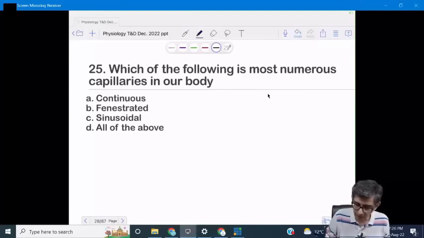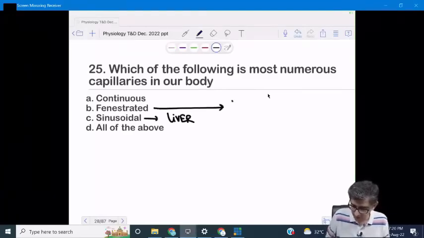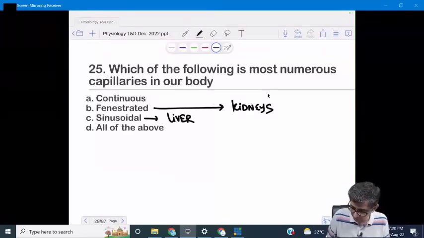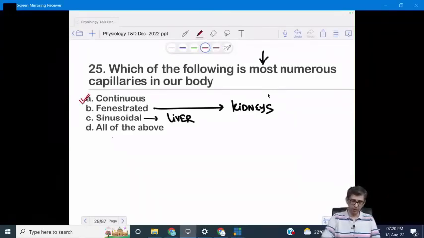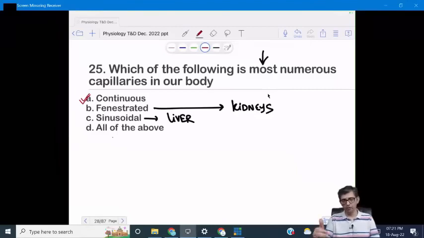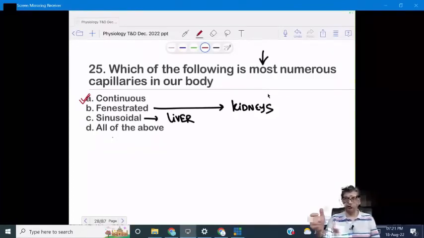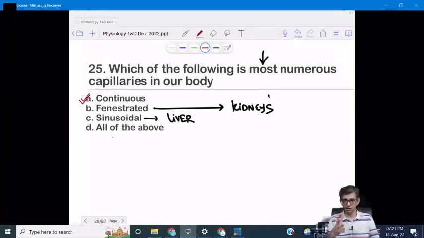Sinusoidal would be an example, like sinusoidal capillaries in the liver, and fenestrated ones like in the kidneys for filtration. But overall, the most numerous capillaries in our body would be continuous capillaries. There would be no fluid leakage occurring on them, like in fenestrated ones, where filtration has to occur. That type of effect would not be present. Obviously capillaries are responsible for exchange, that's okay. But that continuous leakage that occurs like in the kidneys would not be present. Answer 25 is option number A.